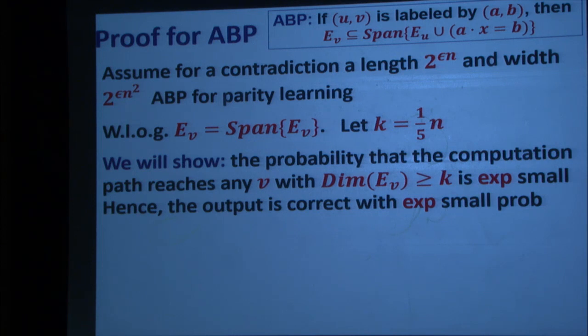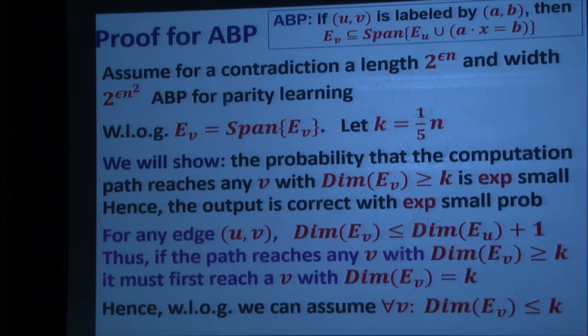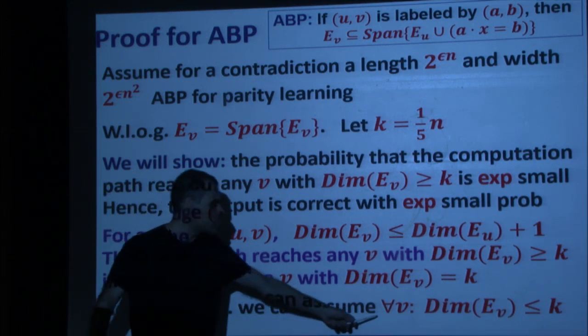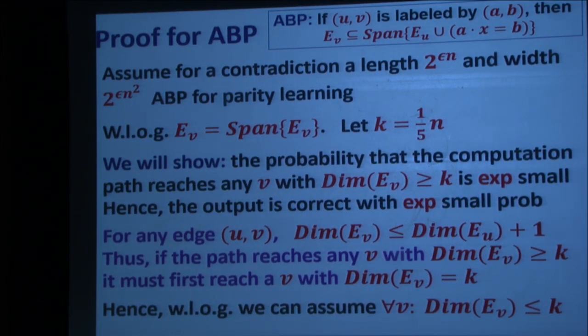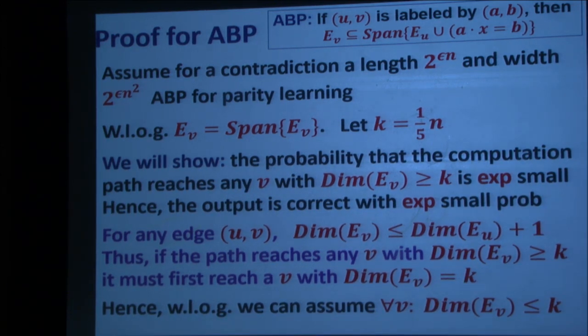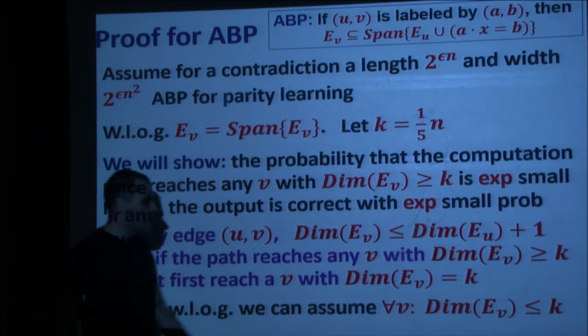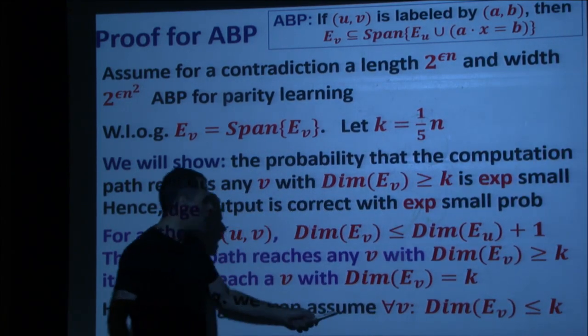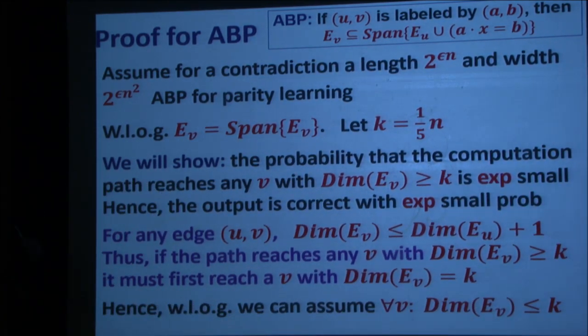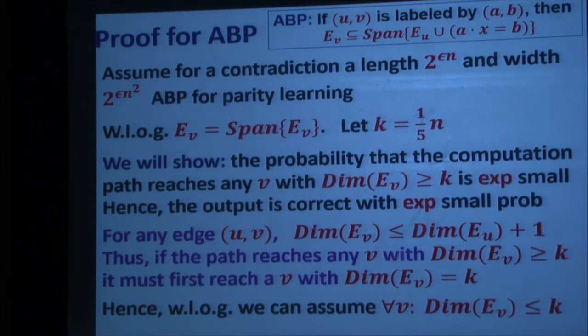And first, before I get to show that, I want to assume without loss of generality that for every vertex in the branching program, the dimension of EV is smaller or equal k. Now, I only assume this. Of course, if I assume this at the beginning, then I would be done.